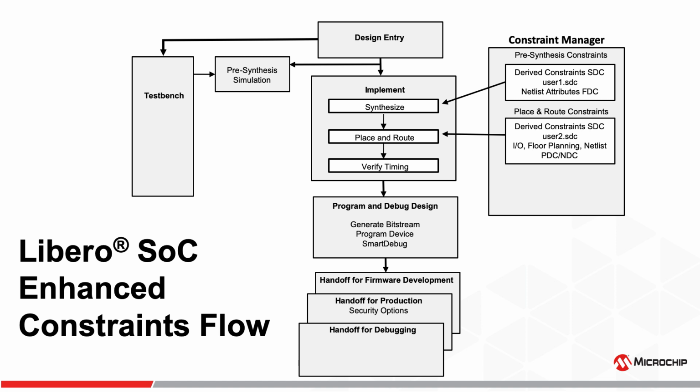So NDC is used at the compile stage. Basically, if you want to do IO register compiling, you can create that in the NDC. Or if you feel that any one of the signals is missing when you are compiling the design, you can preserve those signals using the NDC files.